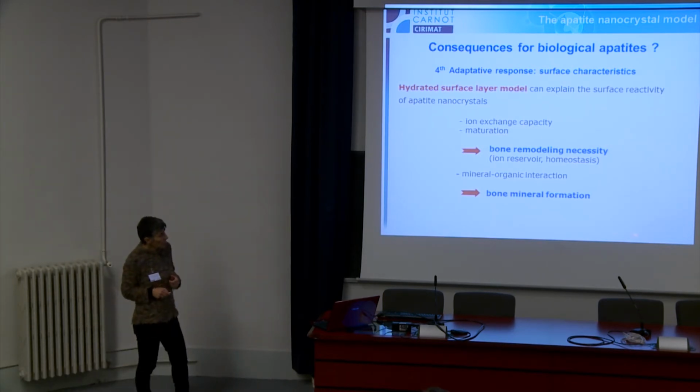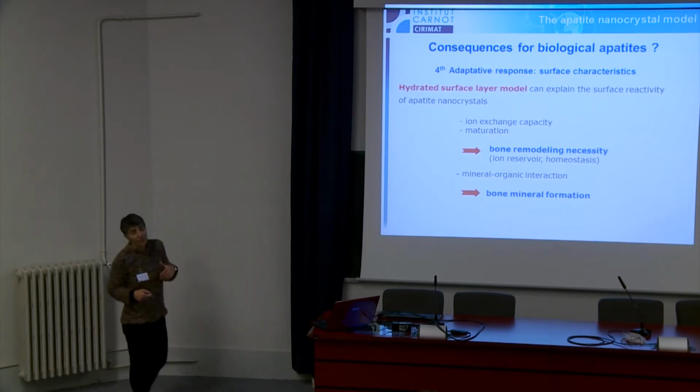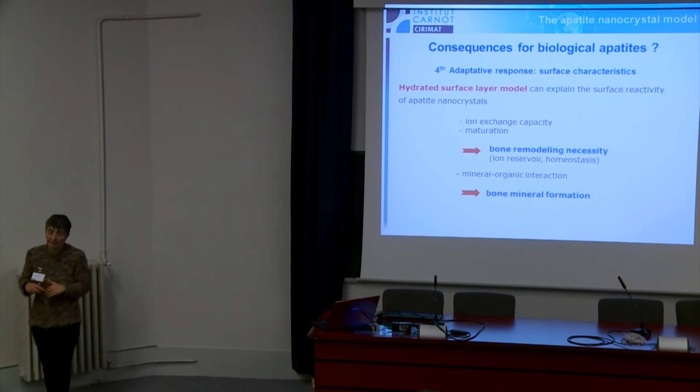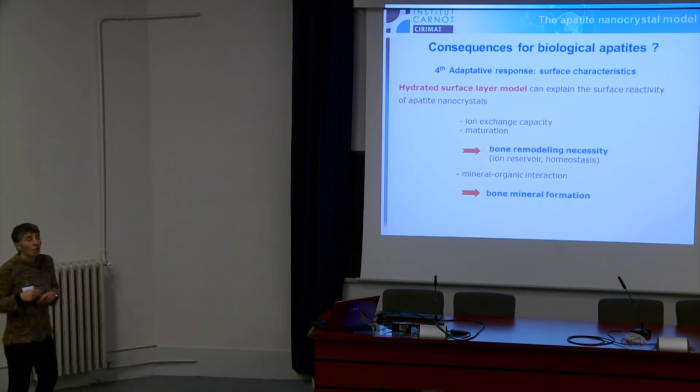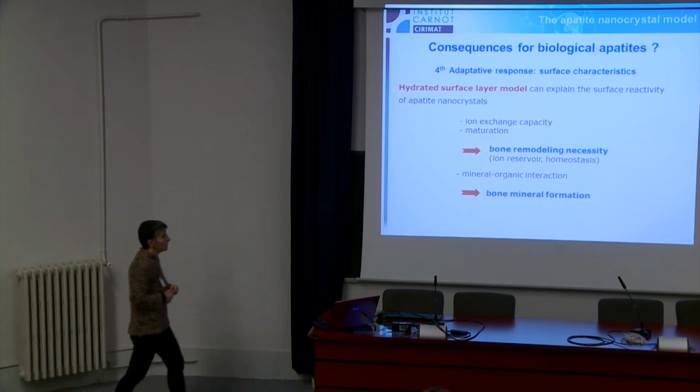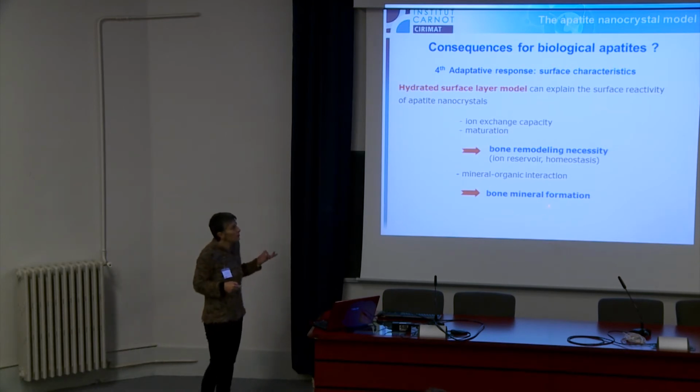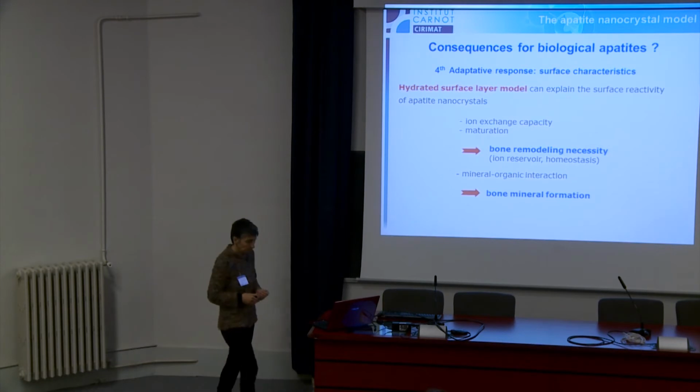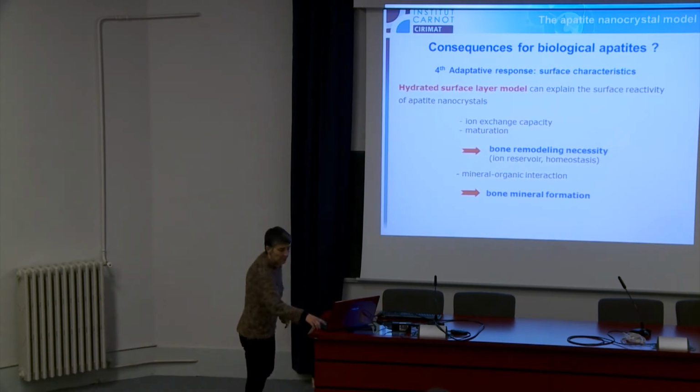And also the involvement of this surface hydrated layer with the interaction between apatite and the organic part of the bone matrix. And this interaction could be involved during bone mineral formation, also bone mineral nucleation and growth.